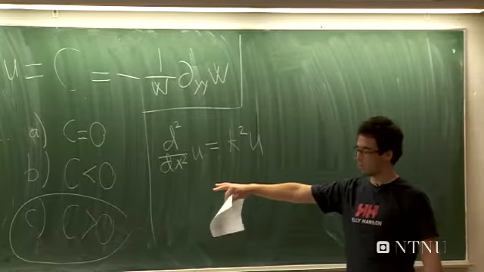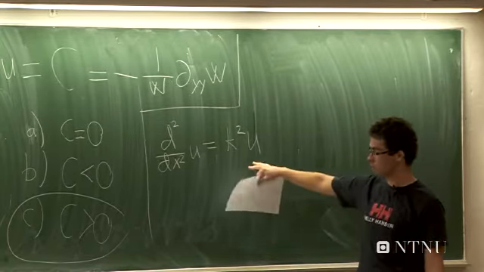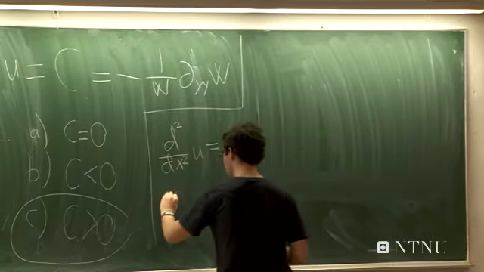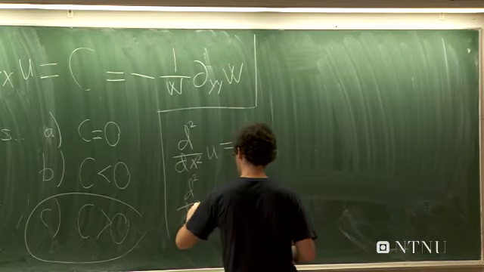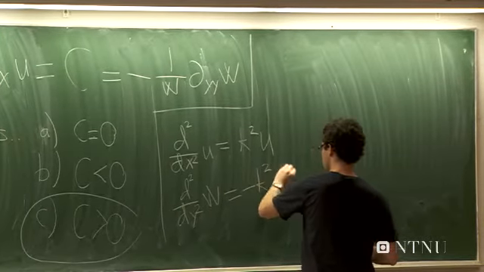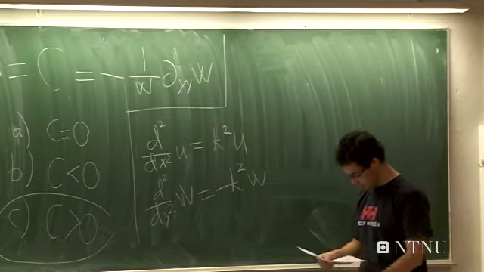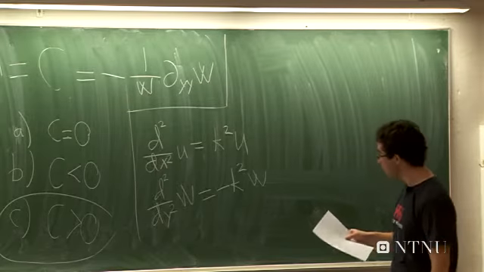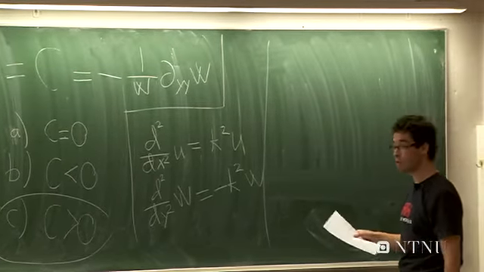So the second derivative of the u function is equal to a constant, which is positive, times the function itself. And same for the w function, except there's an opposite sign. And now you all remember the solution, so I don't have to do any calculations.